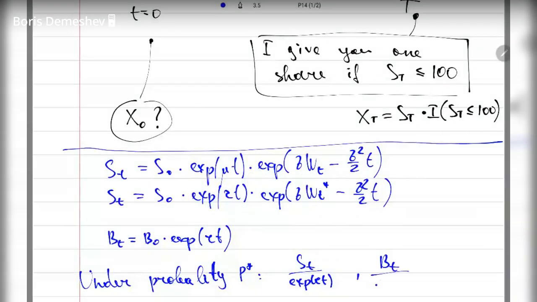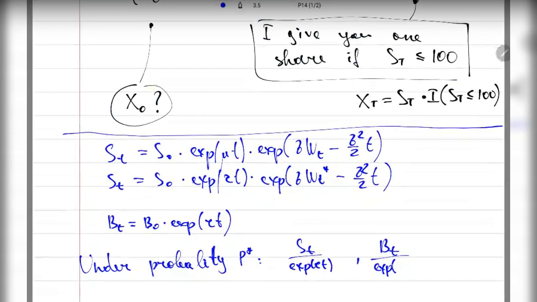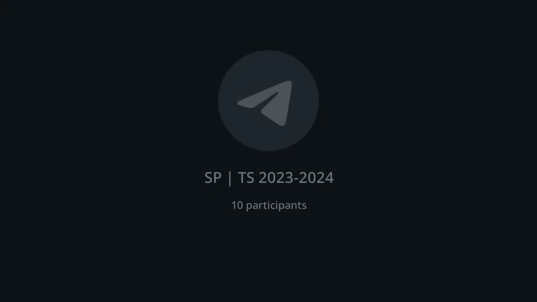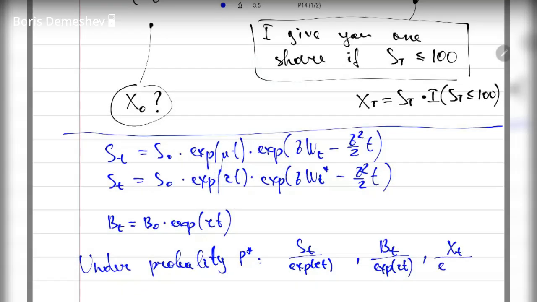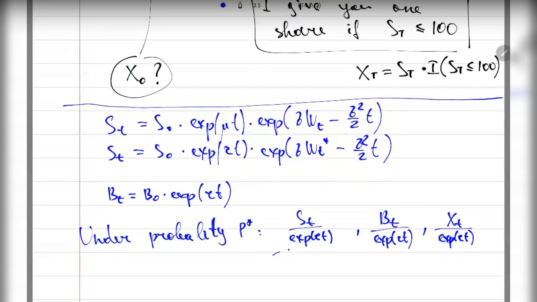Any other asset price Xt divided by exponent RT is also a martingale. They are all martingales.